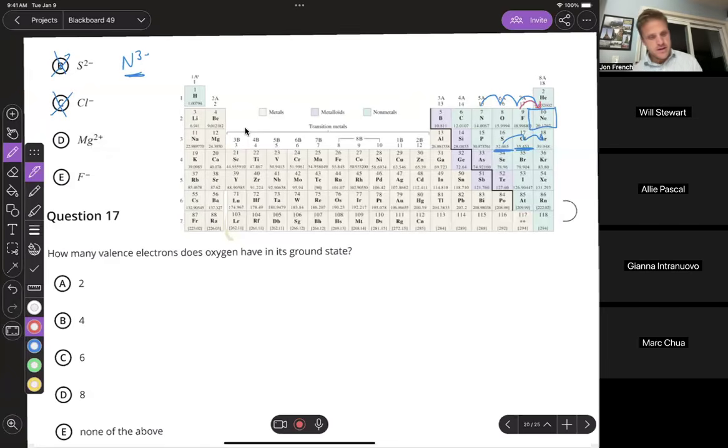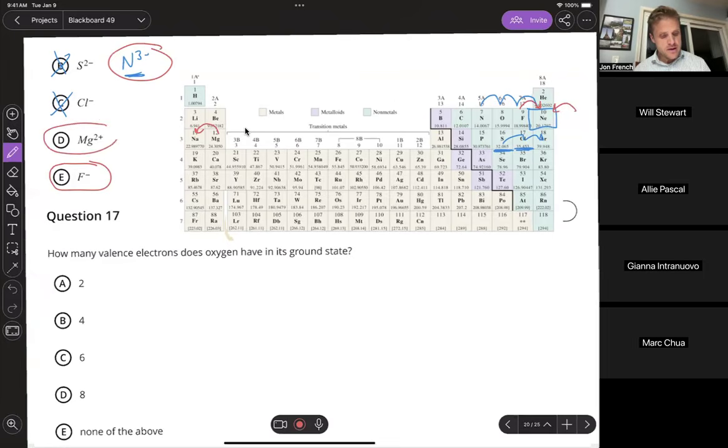That would take us to neon. So fluoride minus 1, nitride, and then magnesium 2 plus. I lose this electron, I lose one more electron, and that would also take me to neon. So nitride, magnesium 2 plus, and fluoride would all have the same electron configuration.